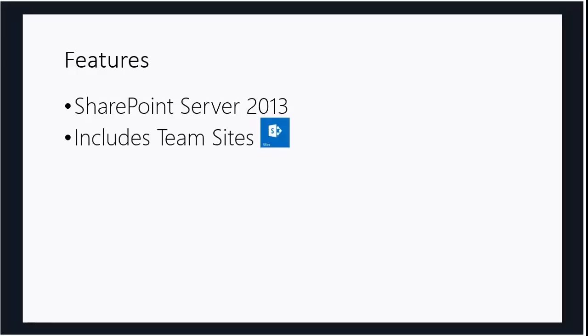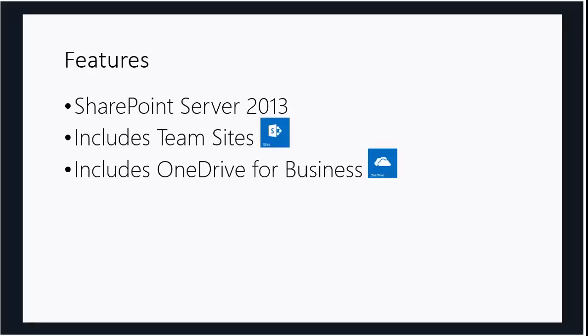Now, SharePoint Online includes what's called a team site. A team site is a location where users can put information that they're working on together that no individual generally owns themselves. Think of a team site as typically what we've seen before with Windows SharePoint Services. But SharePoint Online now also includes OneDrive for Business.